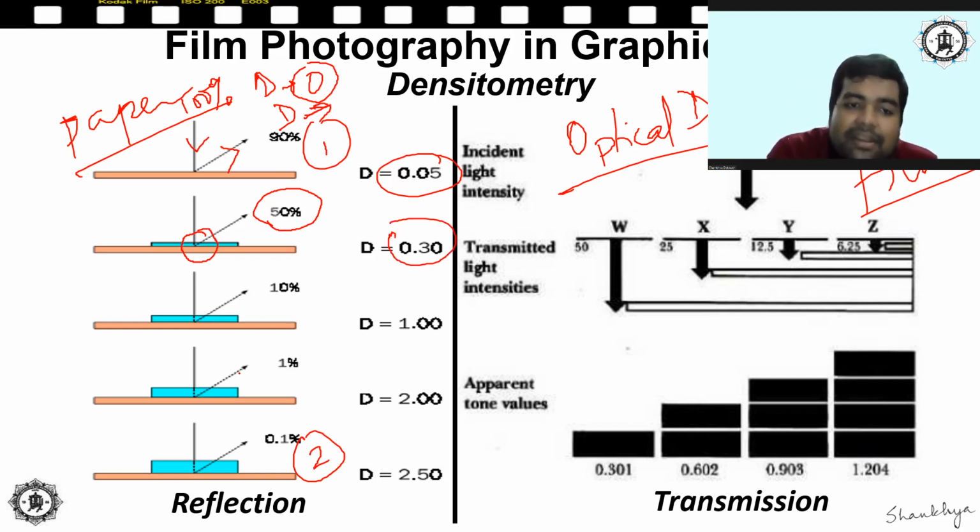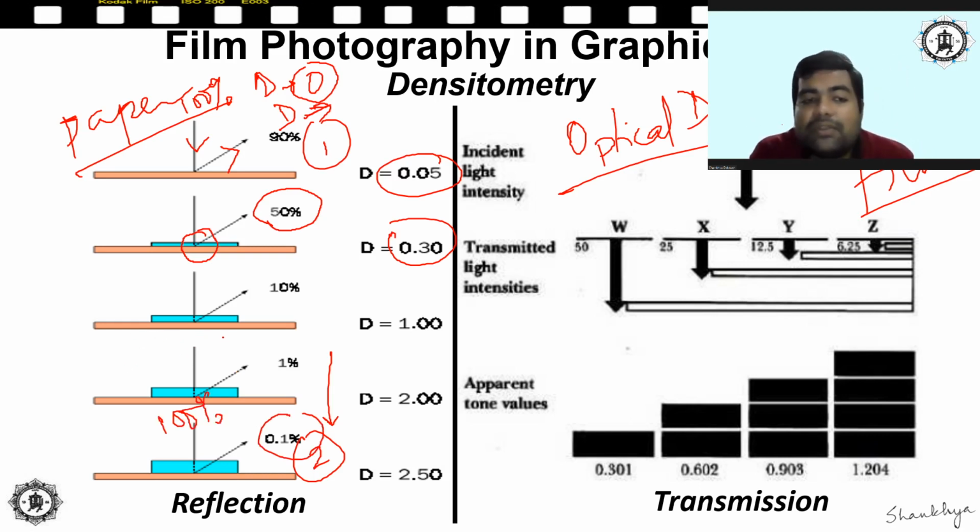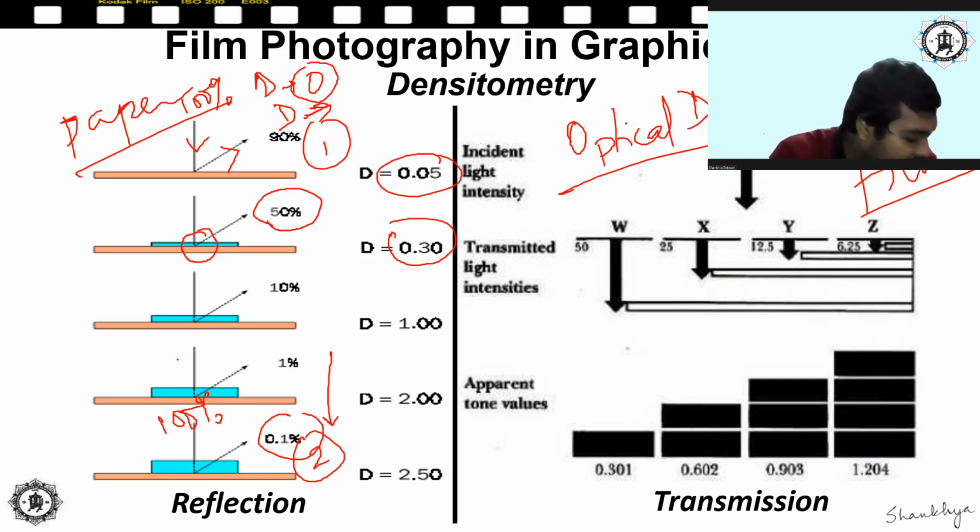And as progressively we move downwards, where we see a very thick ink film, that thick ink film will absorb most of the light. So if we incident 100% of the light, maybe only 0.1% of the light will be reflected back to us, because most of that light, 99.9%, has basically been absorbed onto the ink film, right?